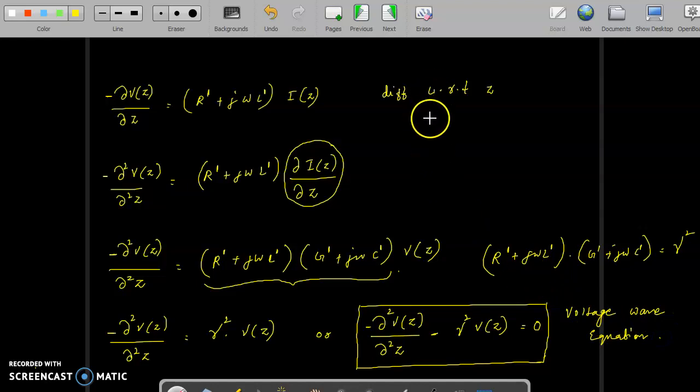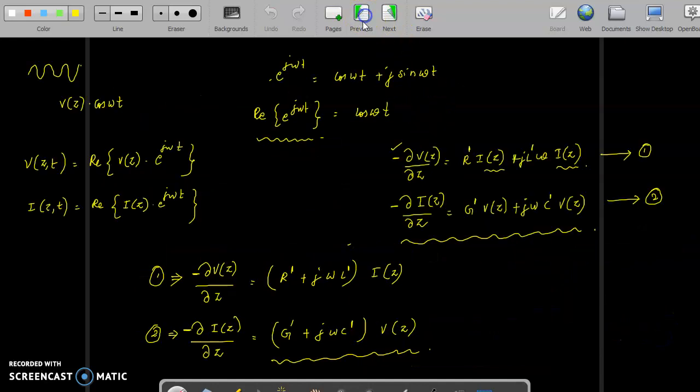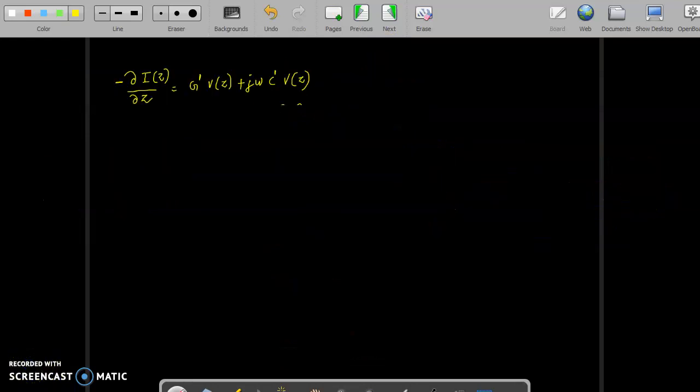Now let us see the current wave equation, which we are going to obtain from this function, the phasor form. We can take V of z outside, so this we can write down as g dash plus j omega c dash times V of z.